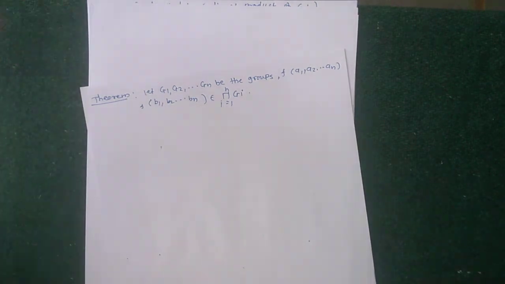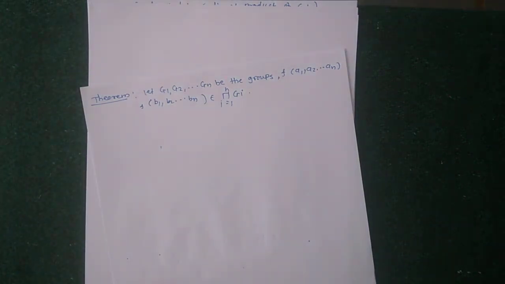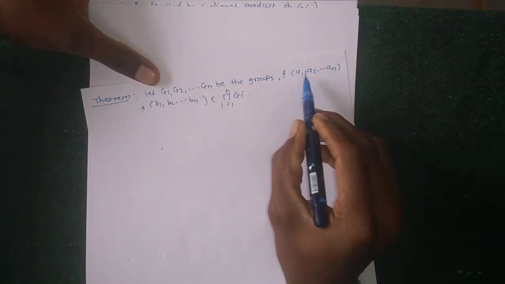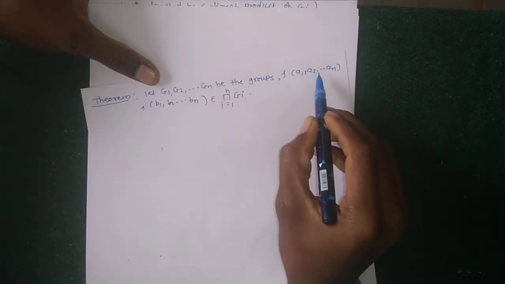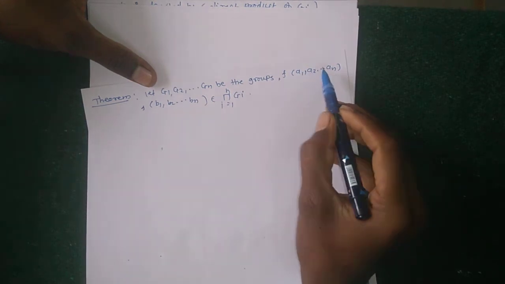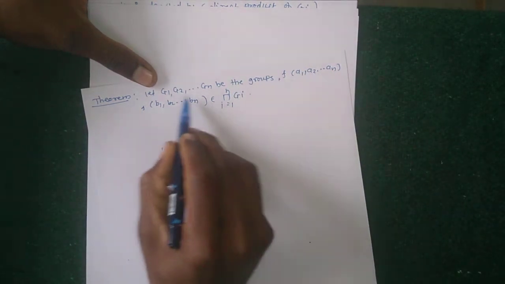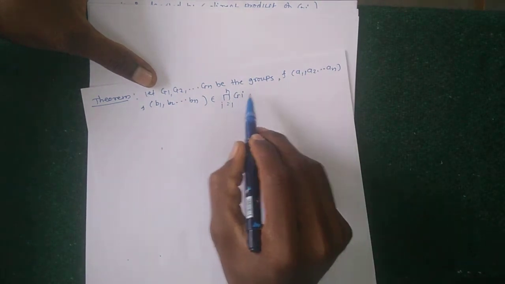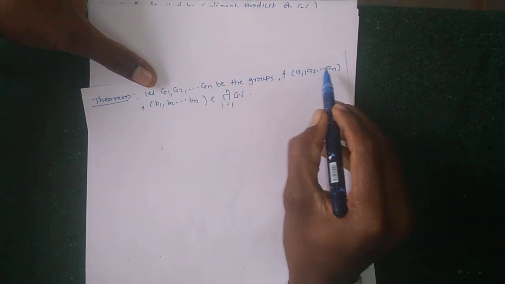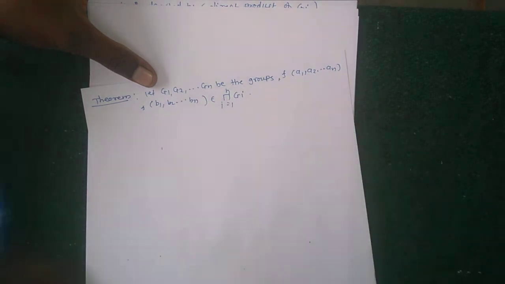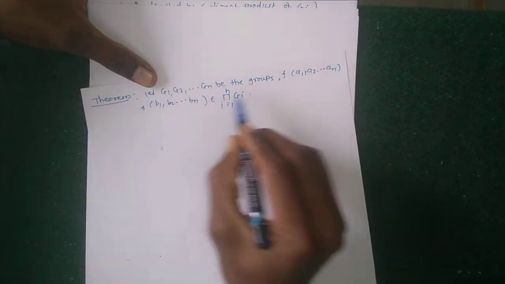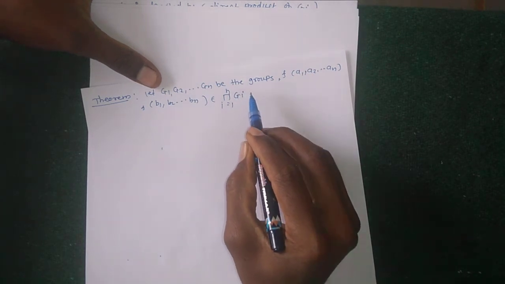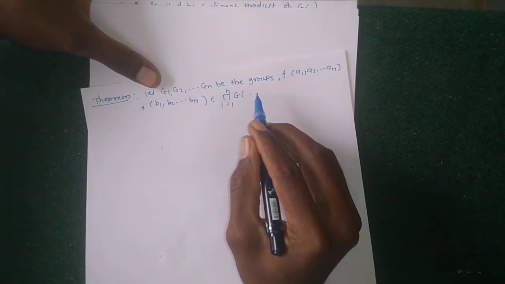These two elements of the Cartesian product are of the form of ordered pairs. Okay, these are all n-tuples, n ordered elements. Here A1 belongs to G1, this B1 belongs to G1, and so on up to Gn. Similarly, these two elements belong to the product of Gi, the direct product or Cartesian product of Gi.